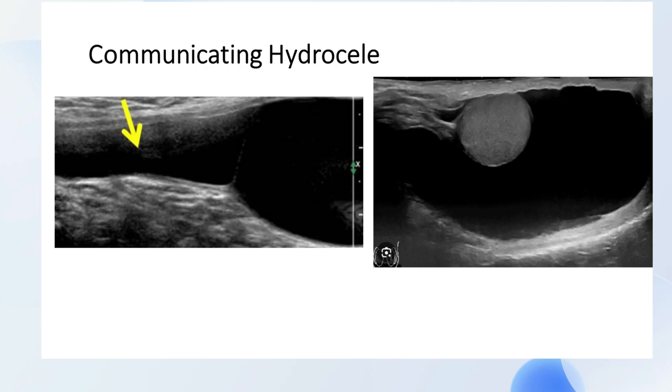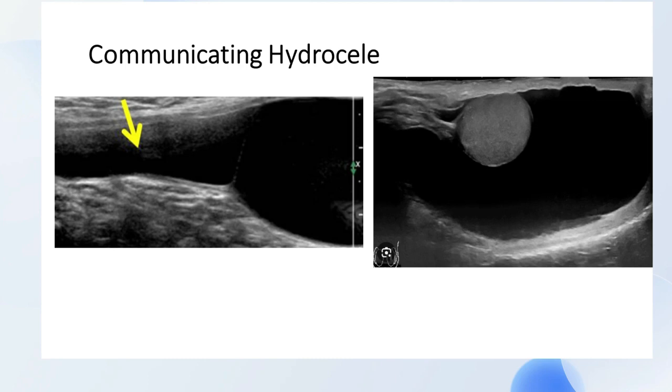The major demerit of communicating hydrocele is that when you do the scan and you compress the scrotum, this fluid will move towards the inguinal canal and go into the peritoneum, and then you might feel that there's nothing here.